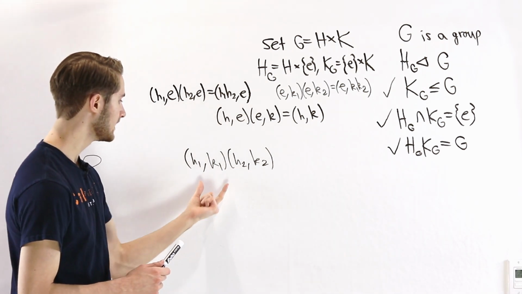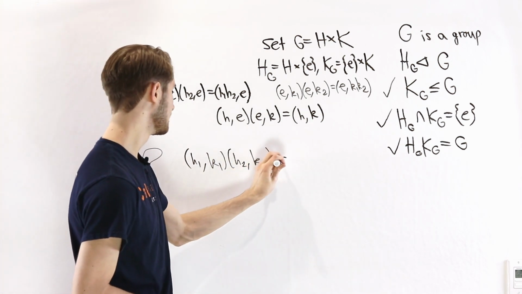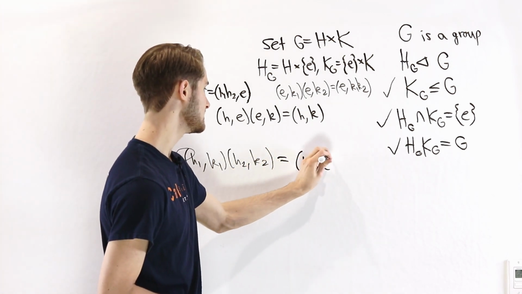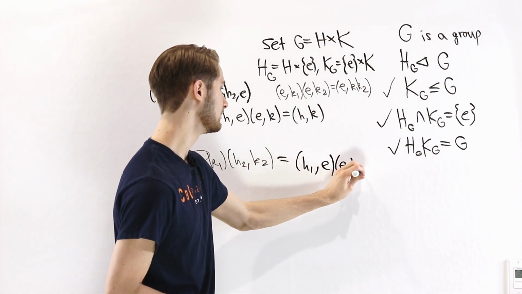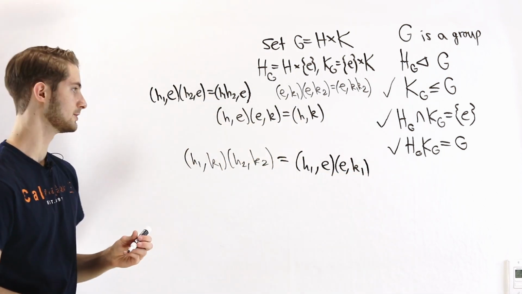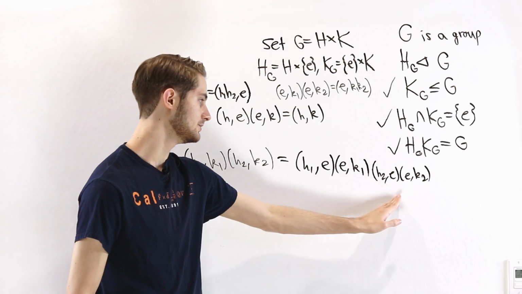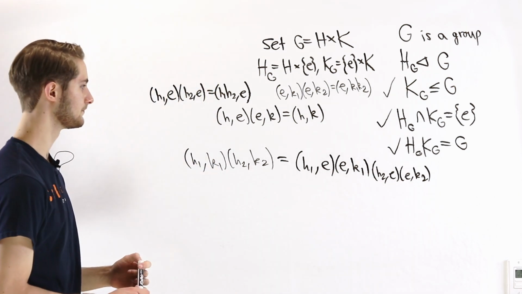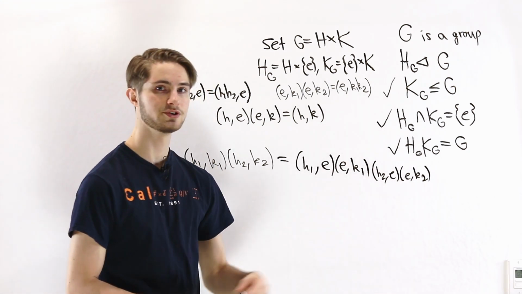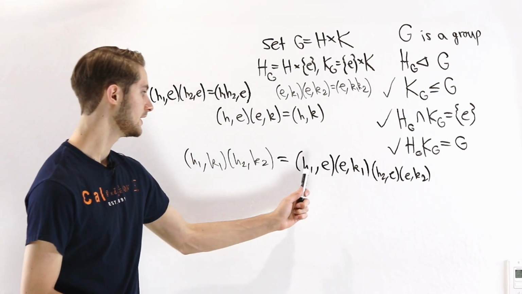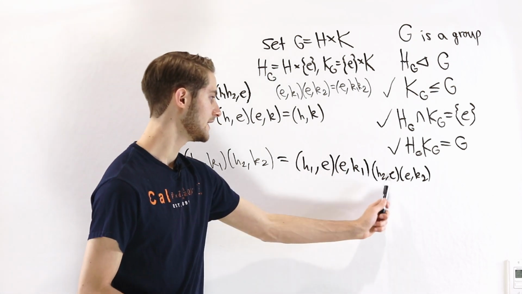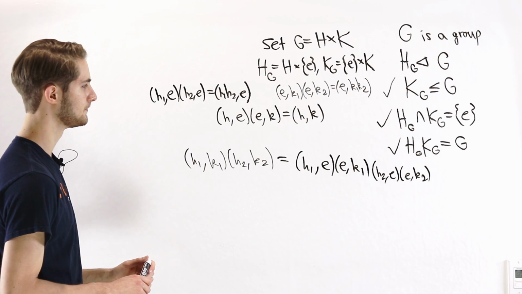We know that we can write (H1, K1) as (H1, E) times (E, K1). That's how we defined our group law. And similarly, (H2, K2) is (H2, E) times (E, K2). So this looks a lot like what we saw with the inner semidirect product, H1 times K1, H2 times K2 here.